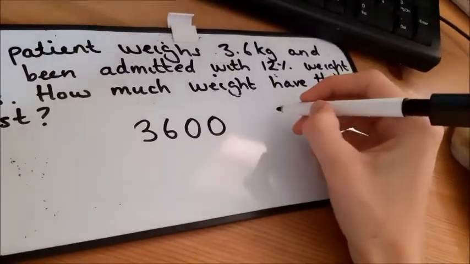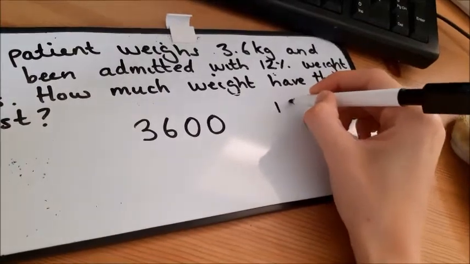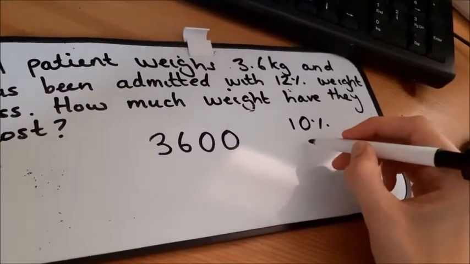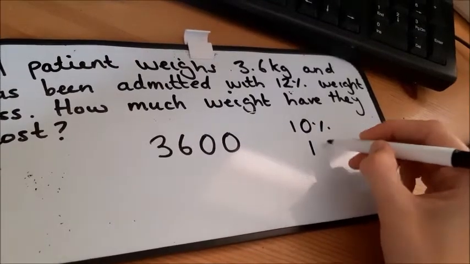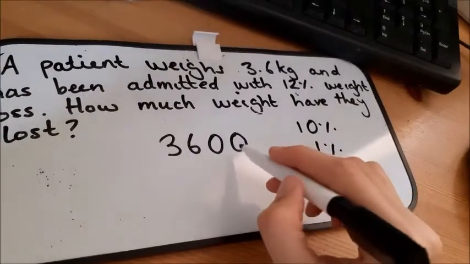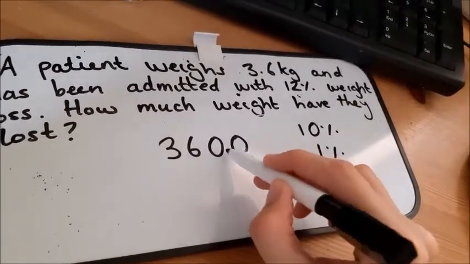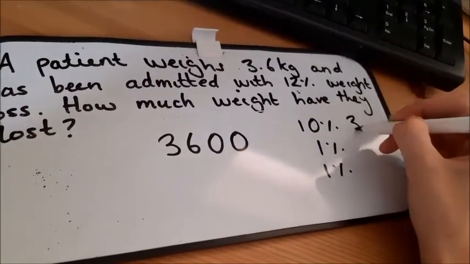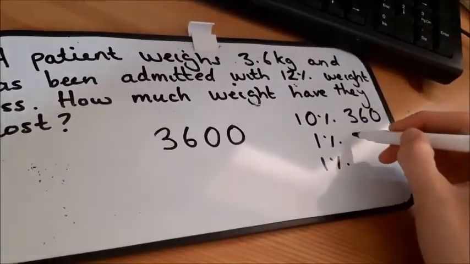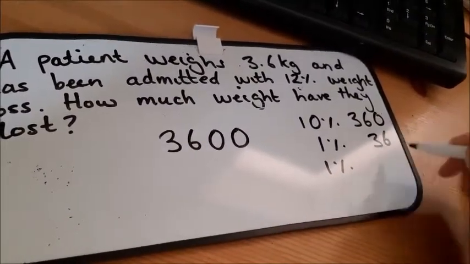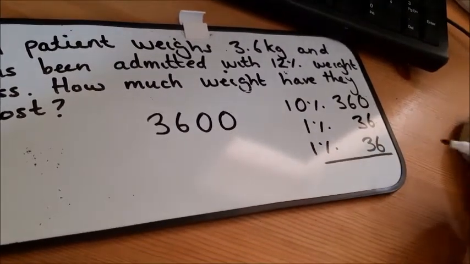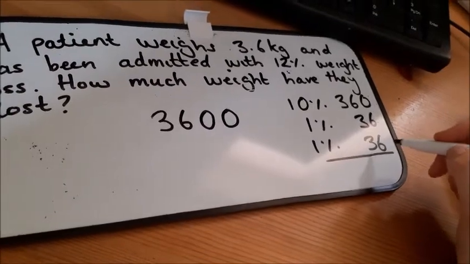And the way I would work out 12% is to split it into 10%, and then 1% and 1%. The way you work out 10% is divide by 10, so you end up with 360. And then 1% is divide by 100, so you end up with 36 and 36. Then you just add these numbers together to come up with the 12%.